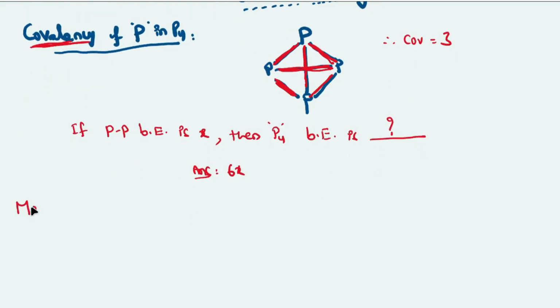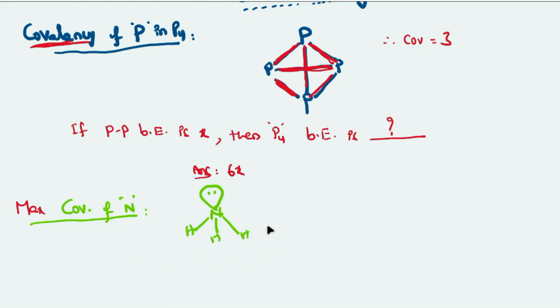Now an excellent question, sir. What is the maximum covalency of nitrogen? If you verify the structure of ammonia, N is surrounded with H, and it contains one lone pair.